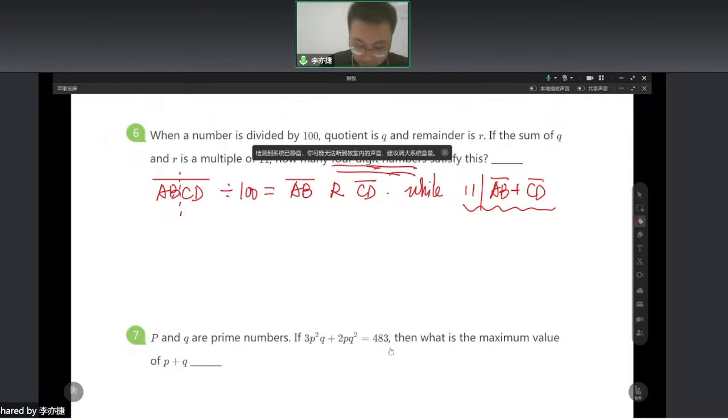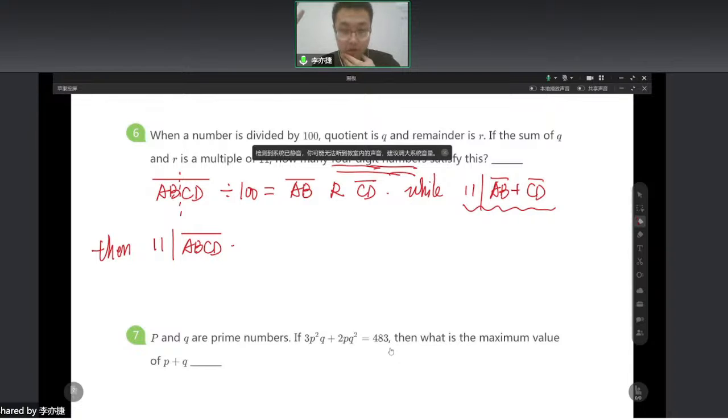If we divide the number into 2 and add their sum, it's a characteristic of 11 and 99. So if 11 divides AB plus CD, then 11 should also divide ABCD. So ABCD is a multiple of 11, and any multiple of 11 should satisfy this.